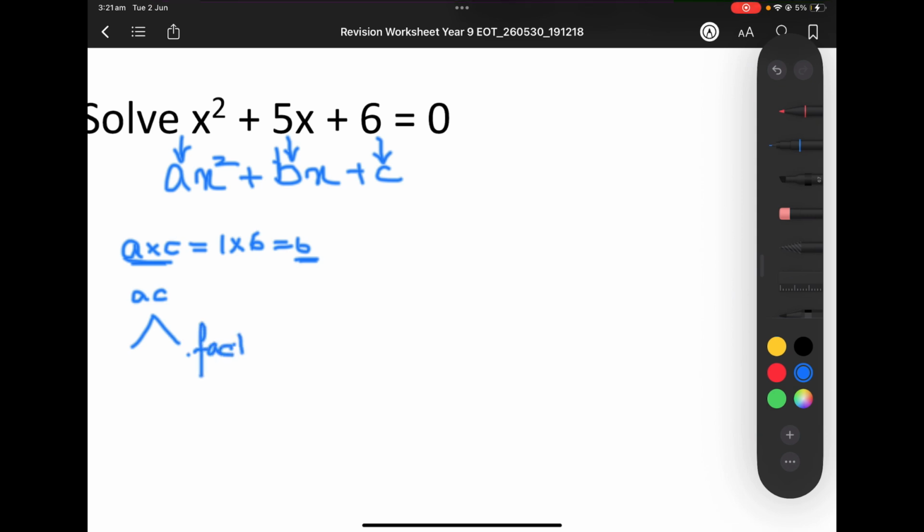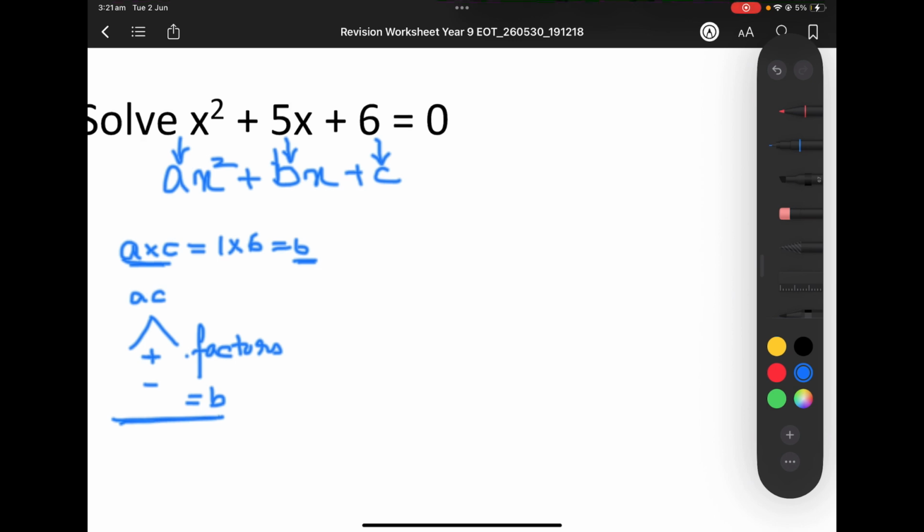I'm supposed to find the factors such that when I add the factors or subtract the factors, they are going to be equal to the b term.